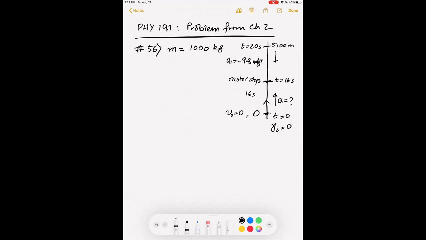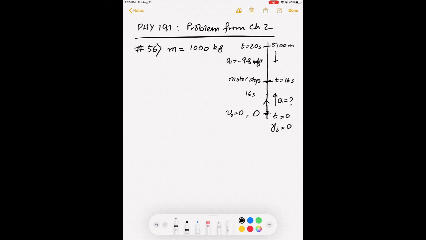Because it started from rest. The reason that it started moving without having a velocity at the very origin is that it had an acceleration. The acceleration took it from 0 to a small velocity, and then the velocity got larger and larger until the first 16 seconds.